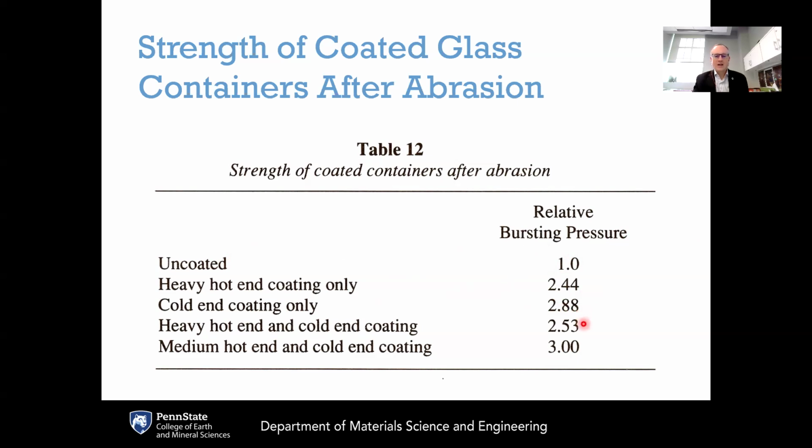In this case, the combination of doing hot and cold end coatings really didn't provide any overall advantage. But if the thickness of the coatings is optimized, it can lead to a net advantage by combining both hot end and cold end coatings, where in this last row of the table, there's actually a threefold increase in the amount of bursting pressure that the bottle can take, having both the hot end and cold end coatings compared to the uncoated case.